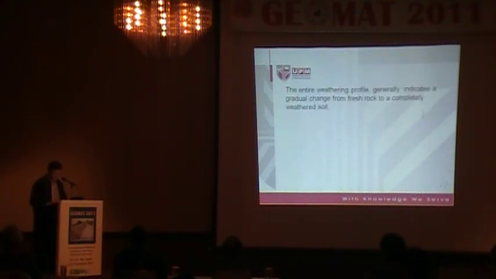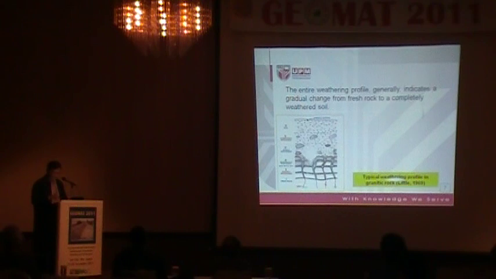Okay? The weathering profile may look something like this, as depicted by this diagram. It's taken from Deere 1969. You can have a highly weathered soil region on the top, followed by completely weathered rock or still soil with some rocks in it, then highly weathered rock, and finally the unweathered and fresh rock.